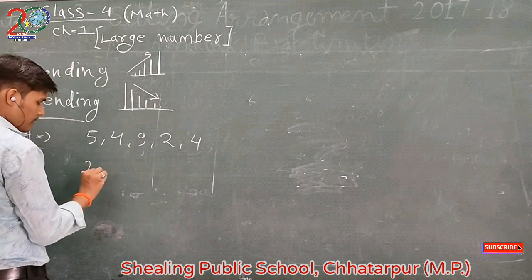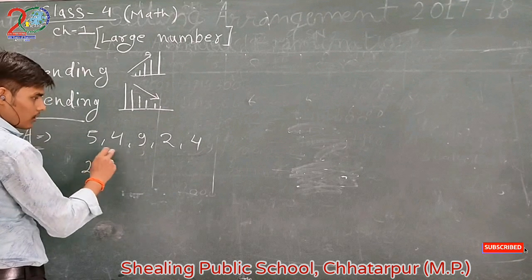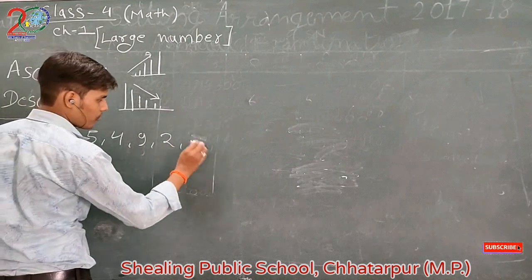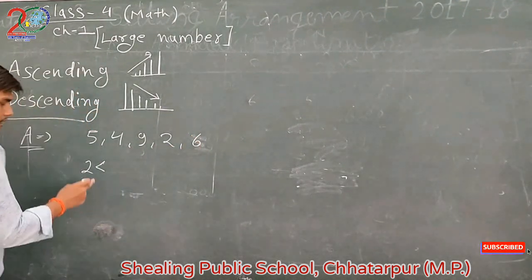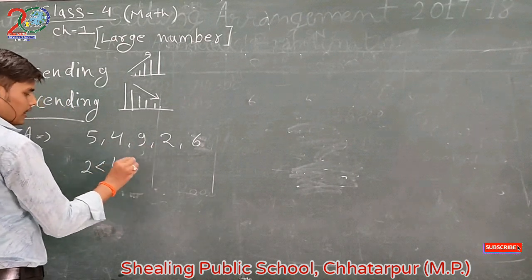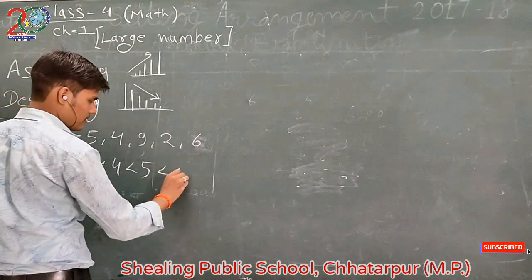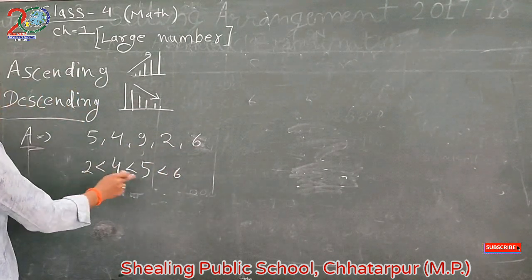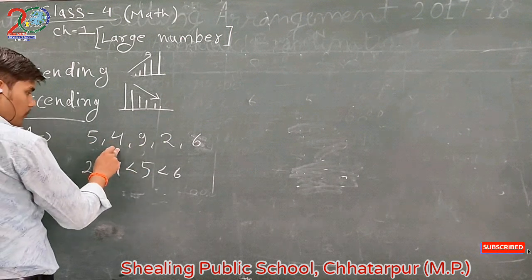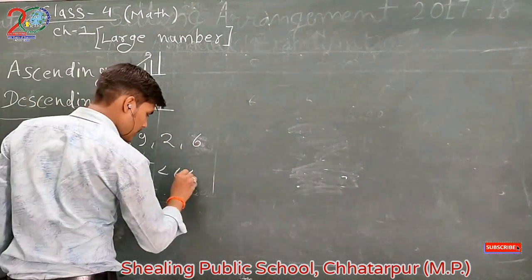Then after 2, it's 4. Then 5. Then 6. Then largest is 9. Like this.